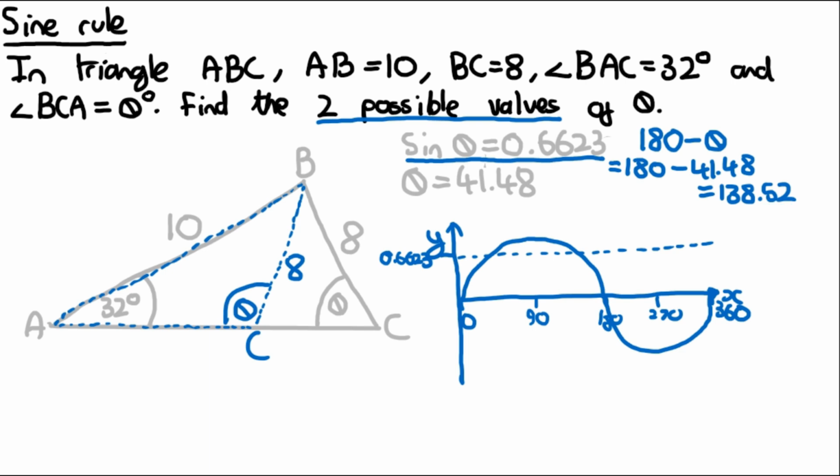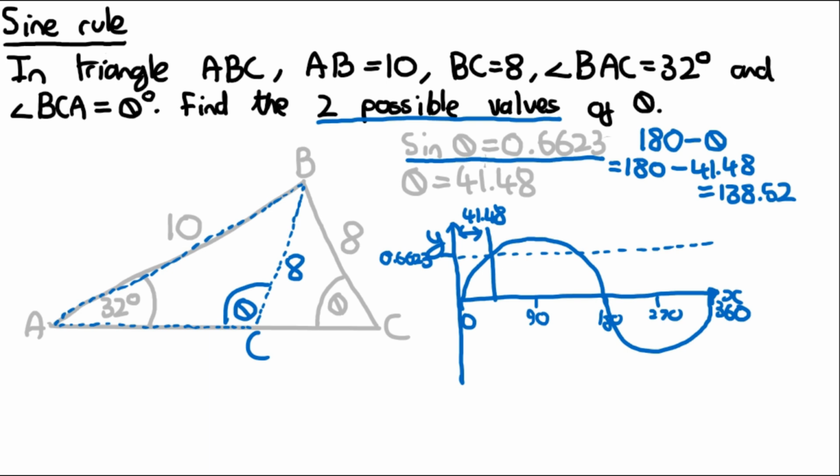Now, I hate remembering formulas, as I've said before, so rather than remembering the formula, in an exam I very quickly draw out a sin graph like this, and I think in my head, okay, we know the value of this point here, this is 41.48, so therefore the difference between this point and 0 is obviously going to be 41.48.